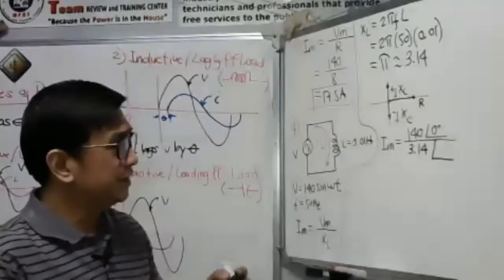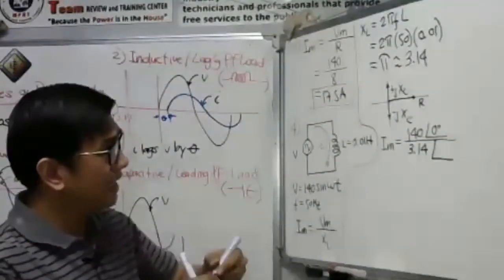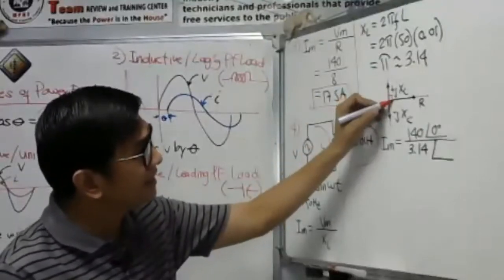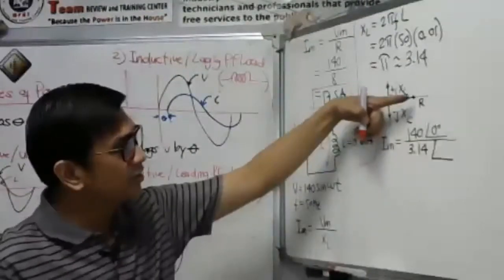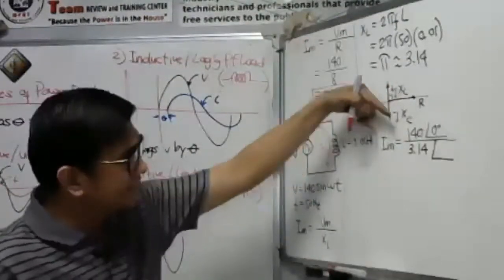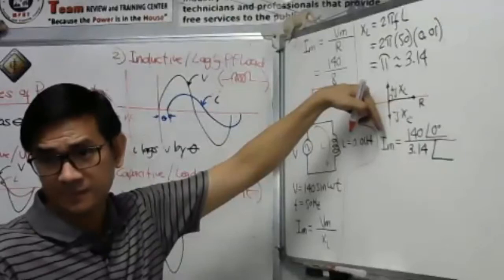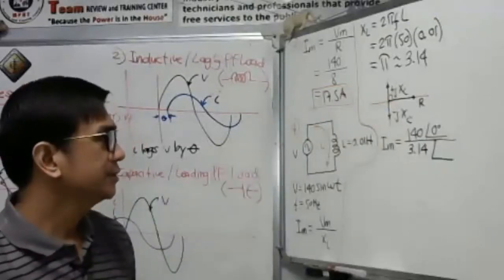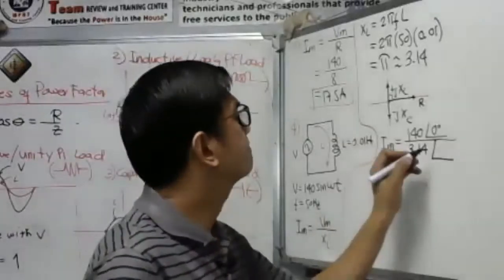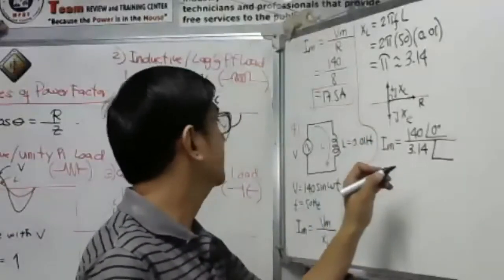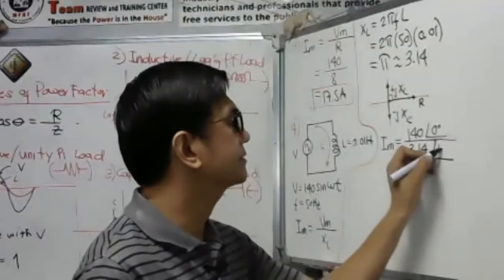That is a positive j, which is equivalent to positive 90 degrees. This is 90 degrees. This is 0 degree. This is negative 90 degrees, the X sub C. So, we have to put this as X sub L, positive 90 degrees.